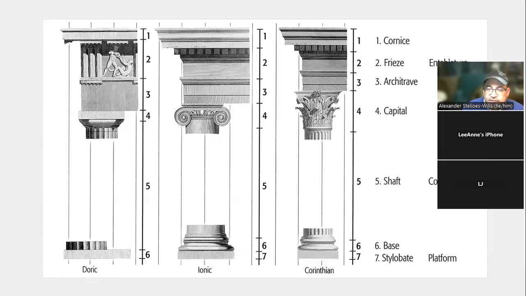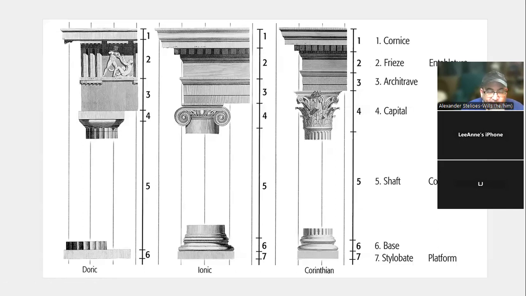So there's an element of the Corinthian being the best of all worlds. But there are other things: in Doric the columns don't have a base, whereas in the Ionic and the Corinthian they do.